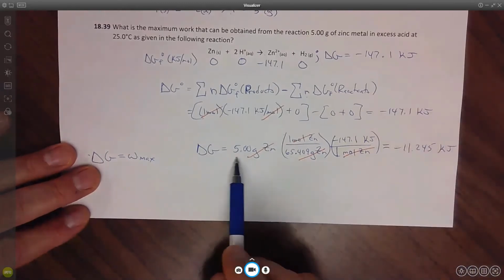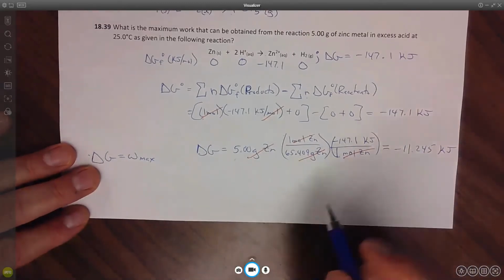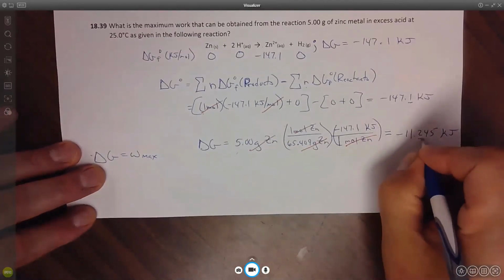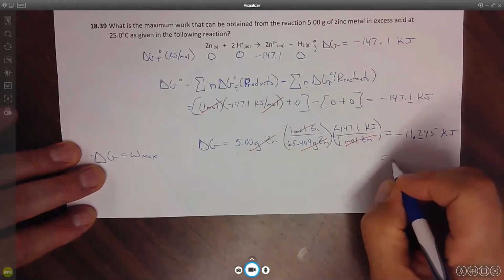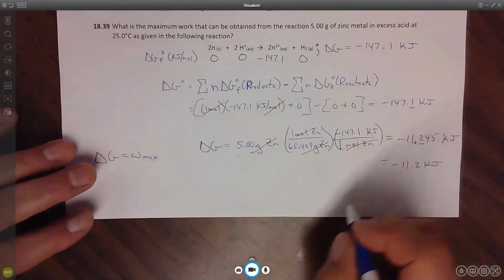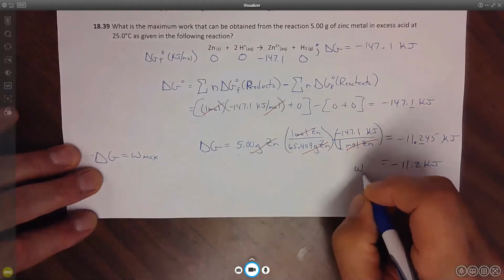This is 3 sig figs, 5 sig figs, 4 sig figs. This ended up being 4 sig figs, right? So 3 sig figs. So negative 11.2 kilojoules of energy can be used as work.